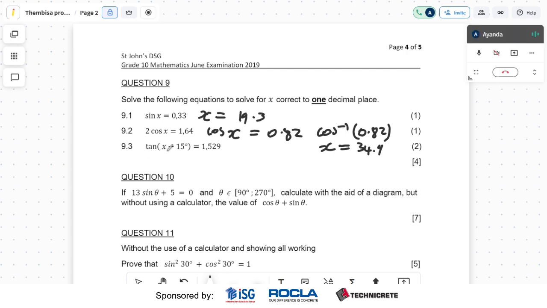Then we have tan of x minus 15 is equal to 1.529. So first we're going to get the inverse of tan of 1.529.